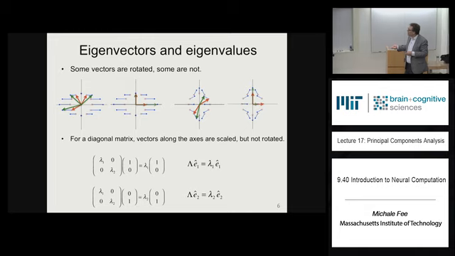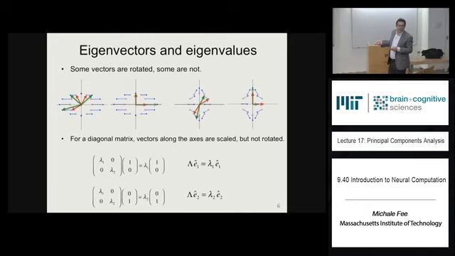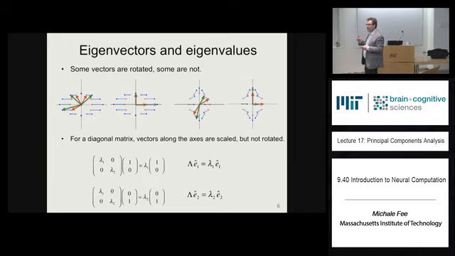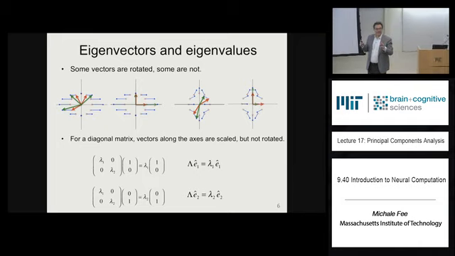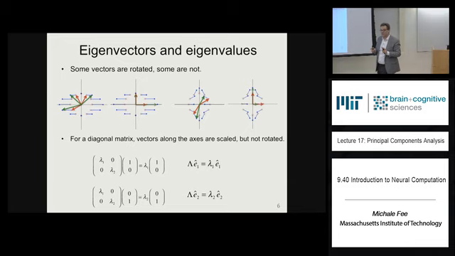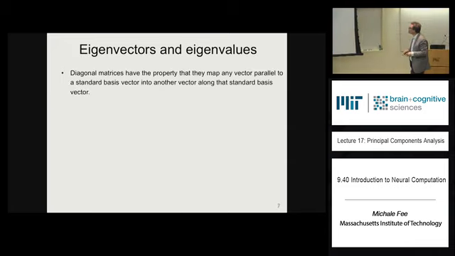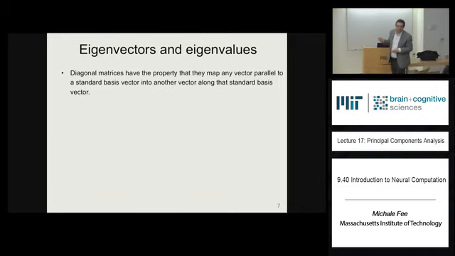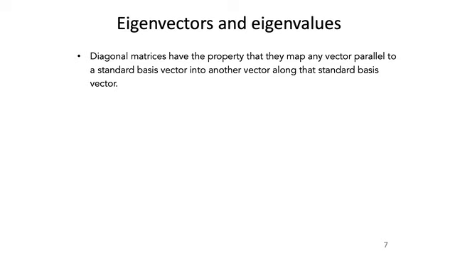So this diagonal matrix has two vectors in special directions, in the sense that they aren't rotated, they're just stretched. Diagonal matrices have the property that they map any vector parallel to the standard basis into another vector along the standard basis.